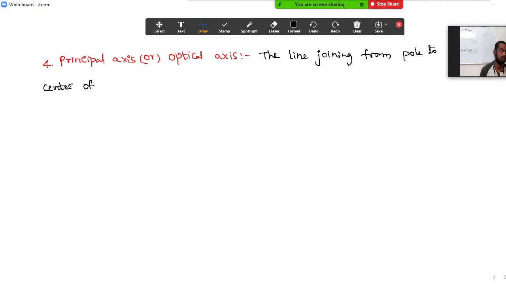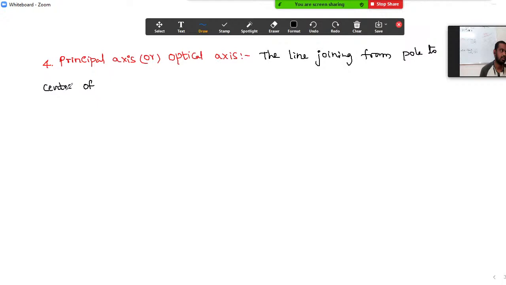Now I took a concave mirror. Now I try to locate the pole and center of curvature. Now I am going to draw a line which is connecting the point P and C. That line we will consider as the principal axis.